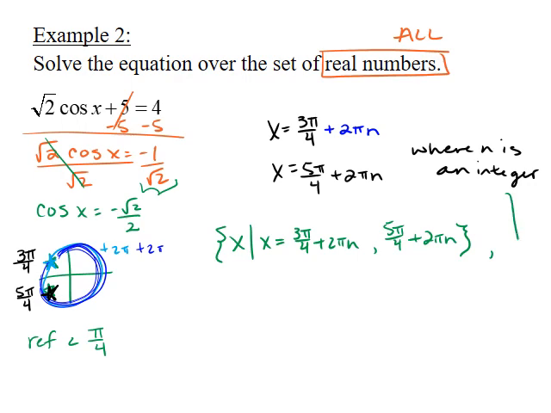And then again, where n is an integer. So that's the only difference. The other thing that you'll need to be careful of is this will be a little bit different when you're dealing with tangent and cotangent, and we'll address that here in a little bit.